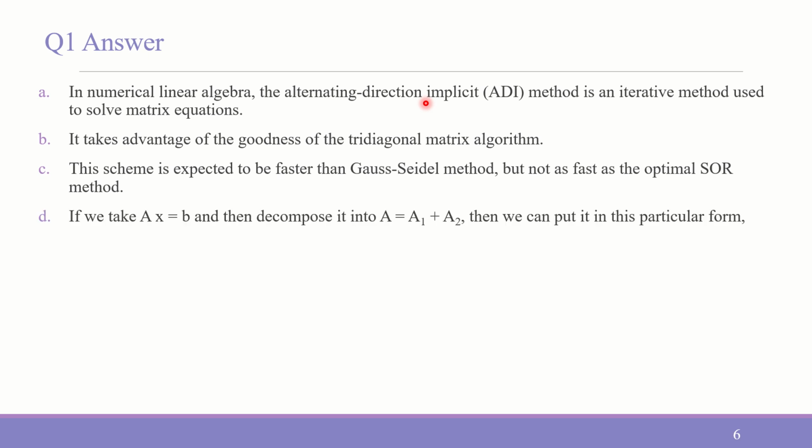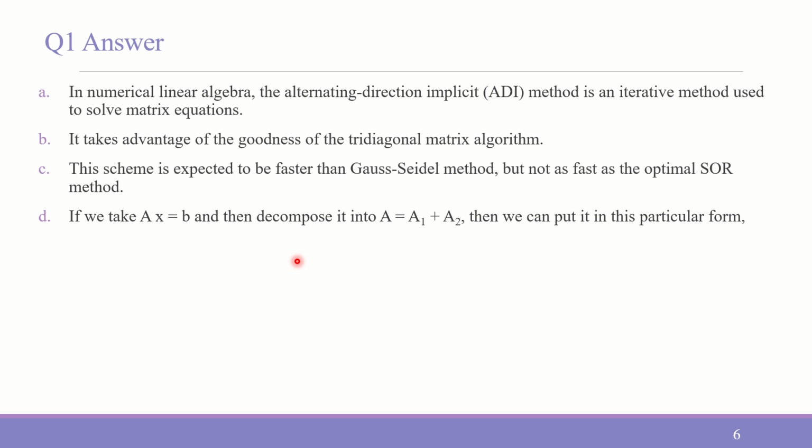So the last one is, if we take AX equal to B, where A is the coefficient matrix, X is the unknowns, and B is the RHS vector or matrix.